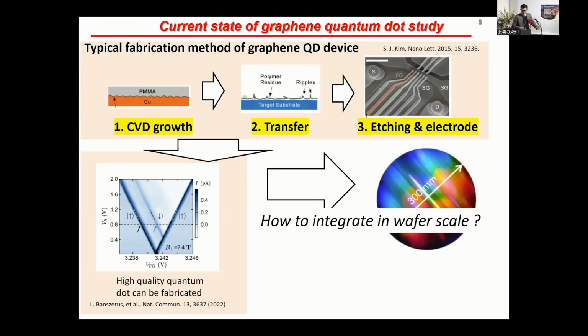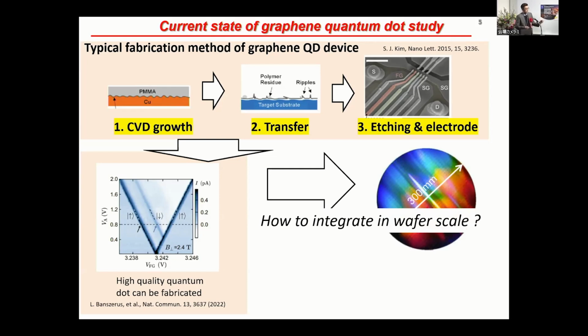how to integrate these quantum dot devices at wafer scale, like 300 millimeters? It might be possible by using this kind of transfer technique, etching, and putting on electrodes, but in a practical way, there are so many problems, like the size of the graphene film is limited to a few centimeters, and the quality of the graphene is not super high.